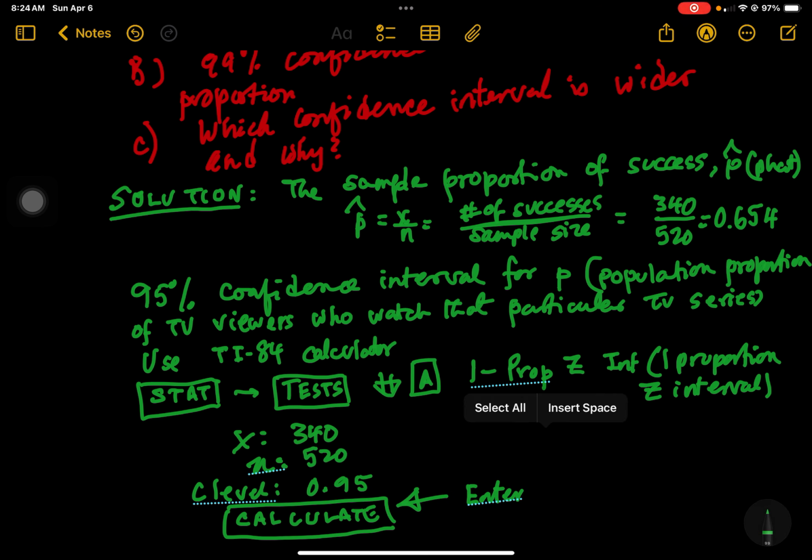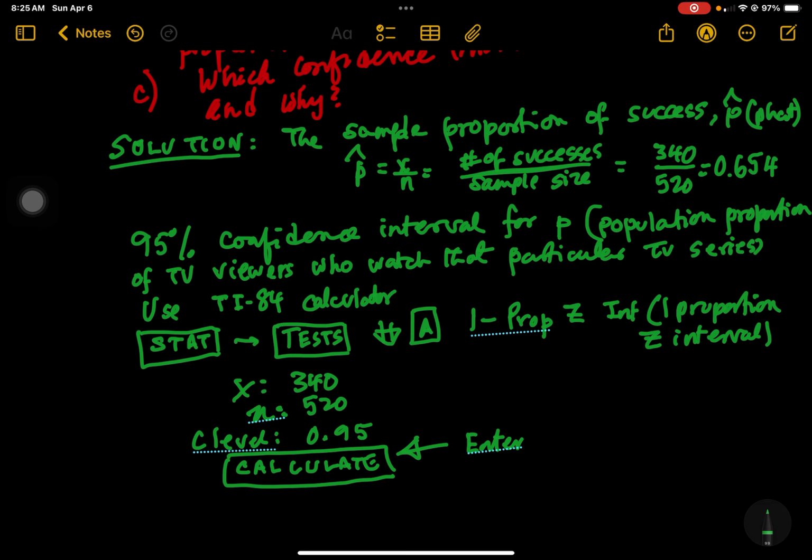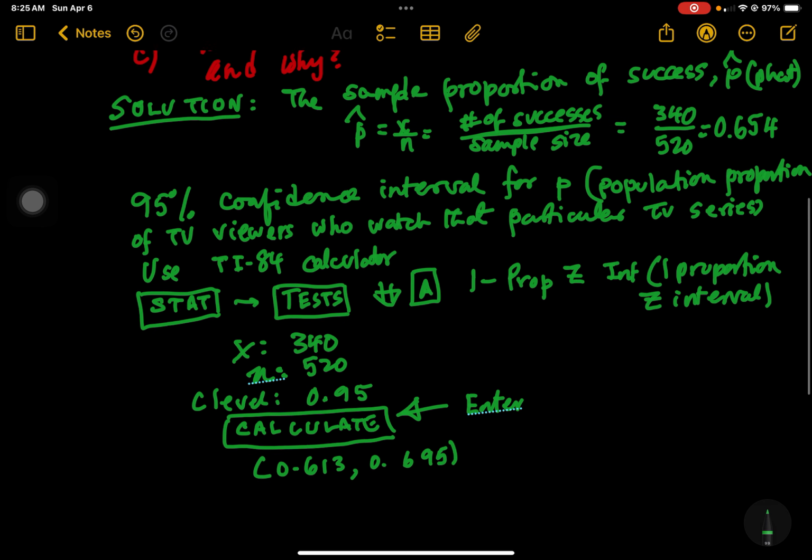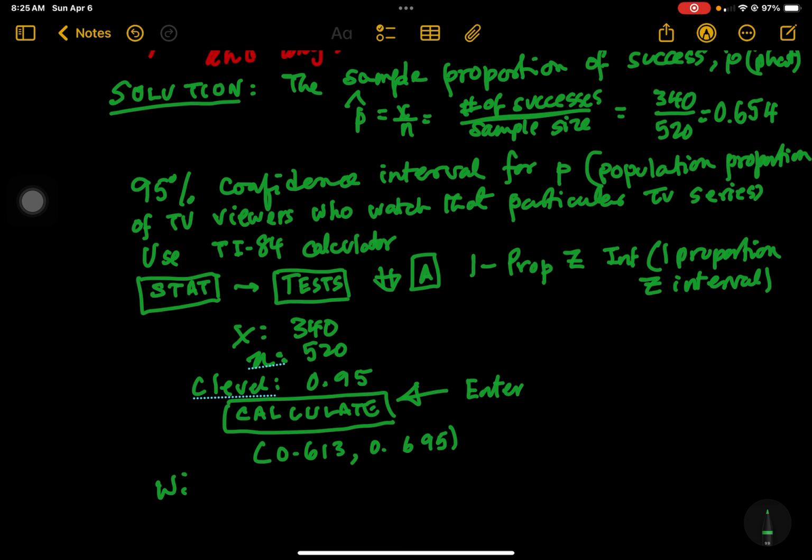So let's see what we get. We get two numbers, the lower boundary and the upper boundary of the 95% confidence interval, which is 0.613 to 0.695. What does it mean? With 95% confidence, this confidence is in the effectiveness of the method that we use to construct that interval.